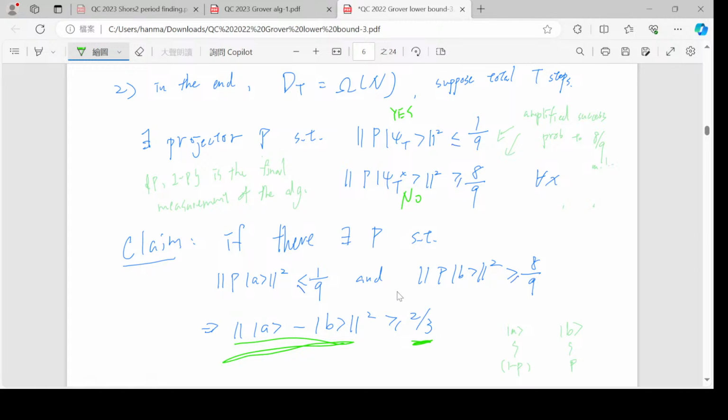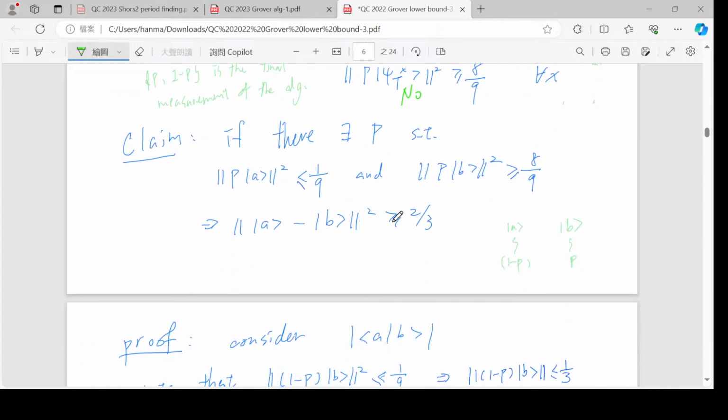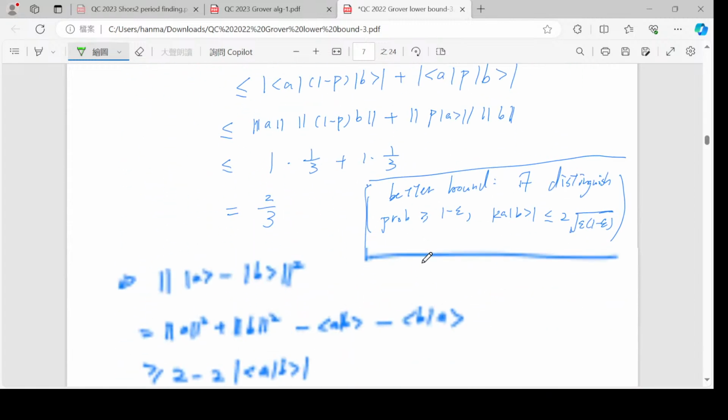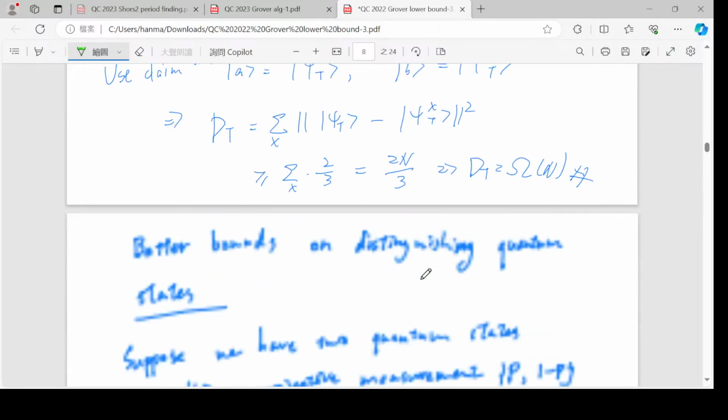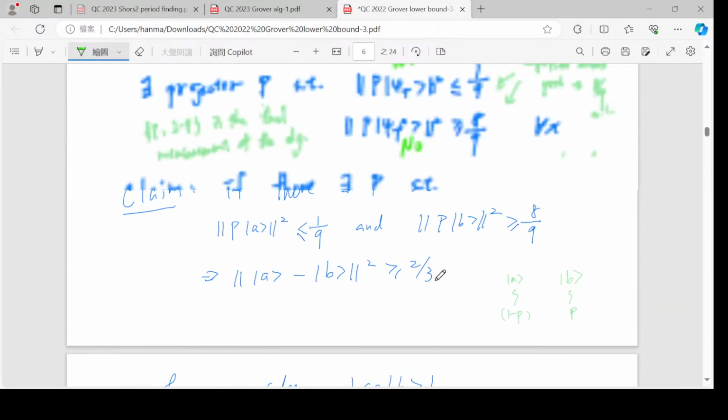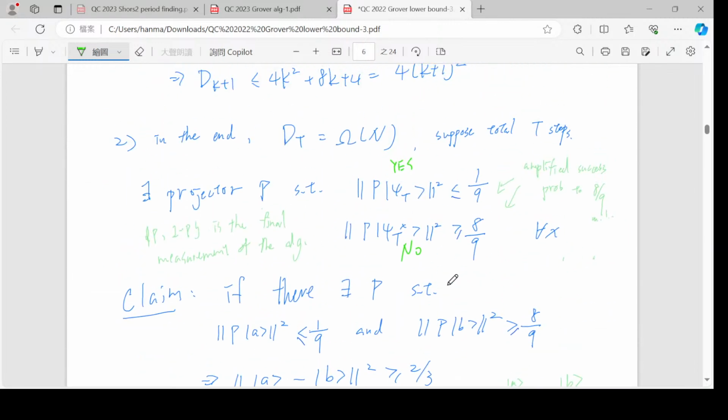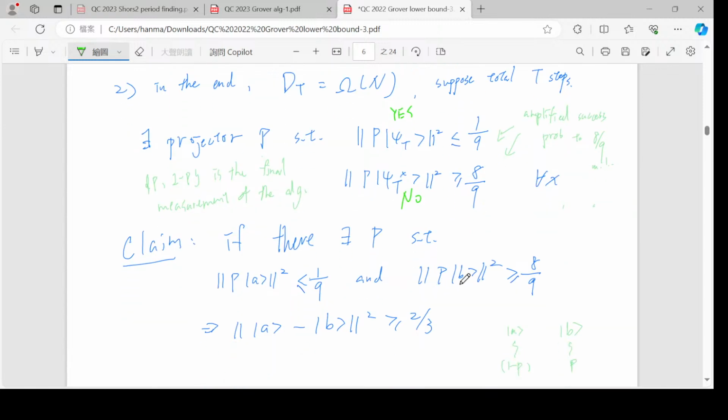We need this number to be kind of high because here we are giving a very simplified proof. Anyway, let's see the proof. We should have more than enough time to run over this. This is a simplified version.